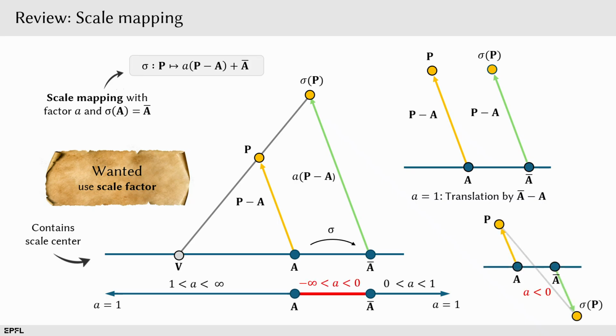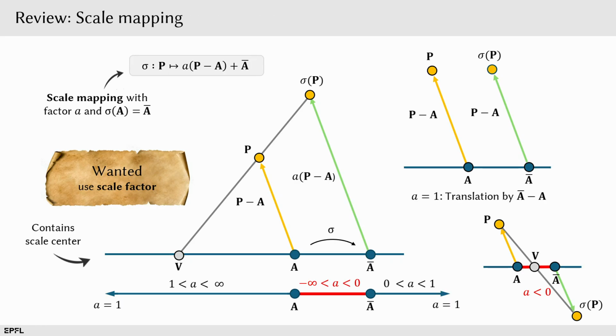And for cases between 0 and minus infinity, or for negative values of a, we have this flip of values and scale centers that would be between A and A bar. In the first formulation of our construction, those are the undesired cases, because we don't want this local flip, because this would correspond to flipping quads in our construction.